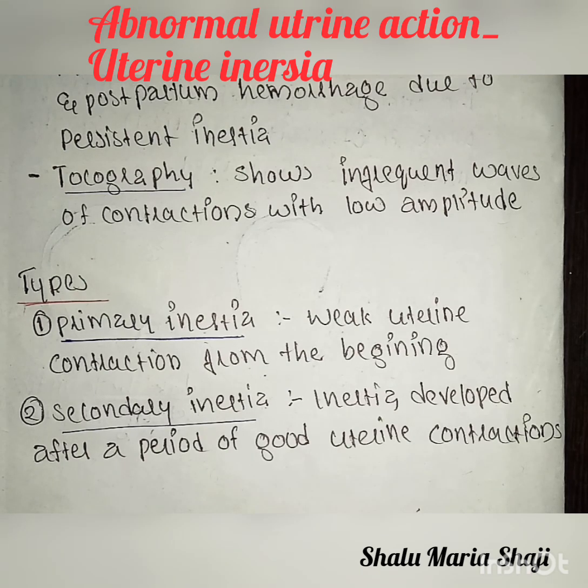Moving on to the types, there are two types of inertia: primary inertia and secondary inertia. Primary inertia has weak uterine contraction from the beginning itself. And secondary inertia is the inertia developed after a period of good contraction.